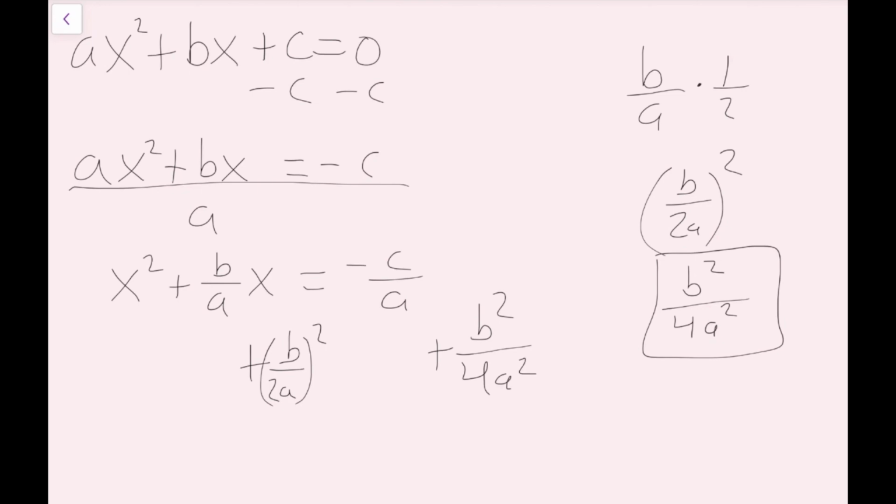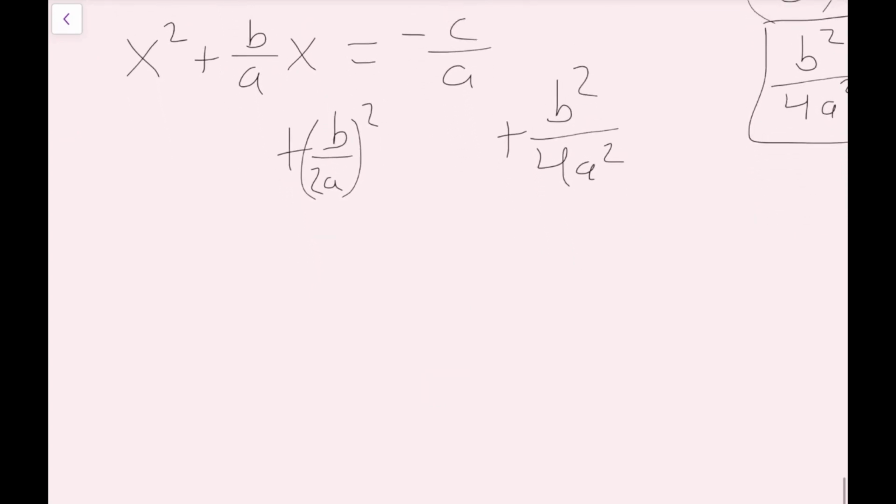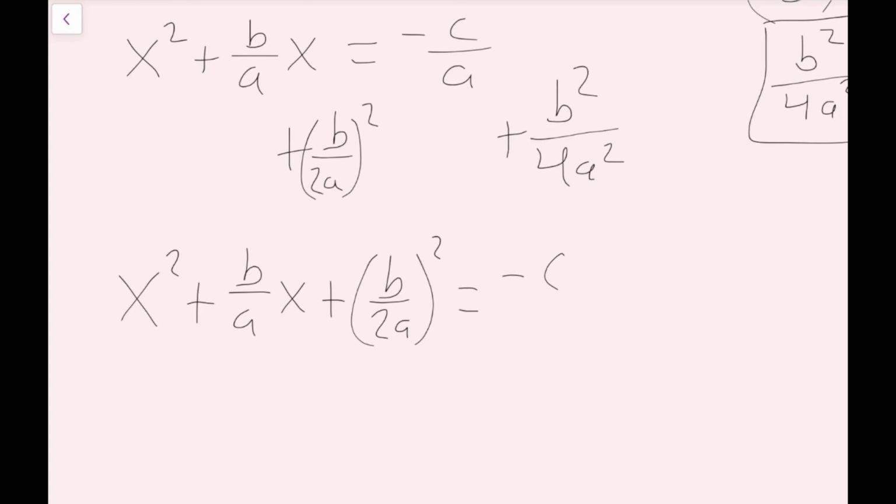All right, so now I'm going to zoom back in, and I have x squared plus b over a x plus b over 2a quantity squared equals negative c over a plus b squared over 4a squared.